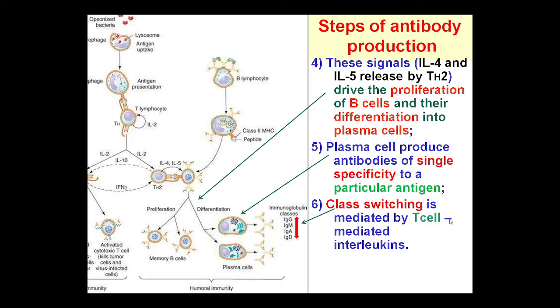Now, class switching is happening. We understand that in the prevalent presence of interleukin 4 and 5, immunoglobulin M and G production is switched to immunoglobulin E synthesis. By the way, the synthesis of immunoglobulin E is not shown, but we understand that this is happening.